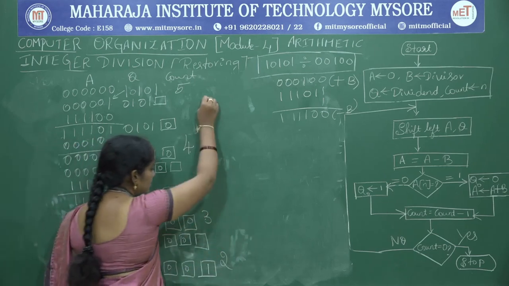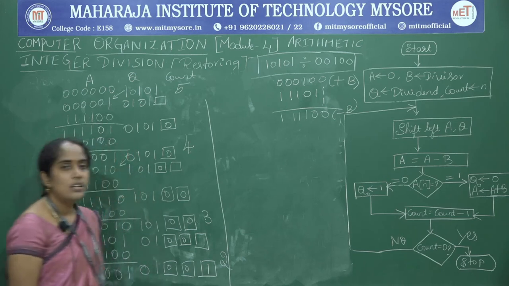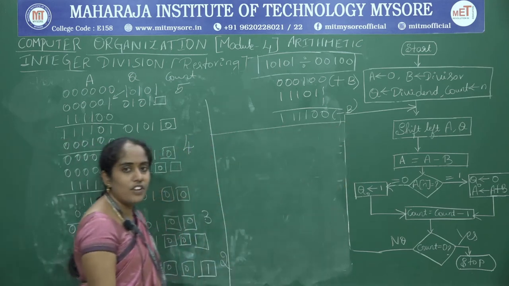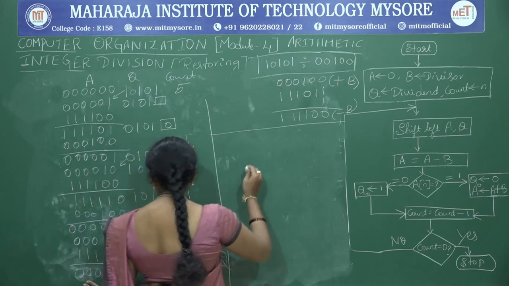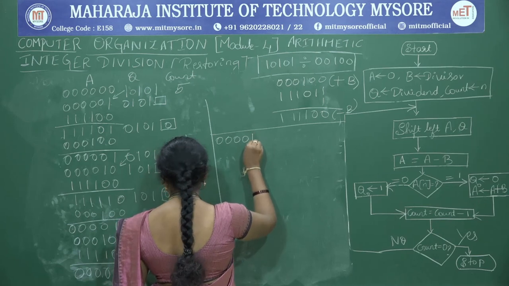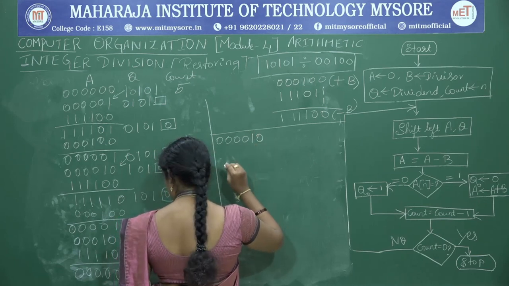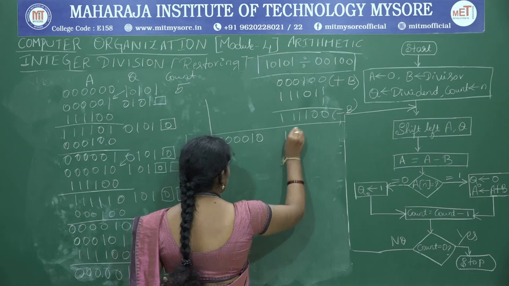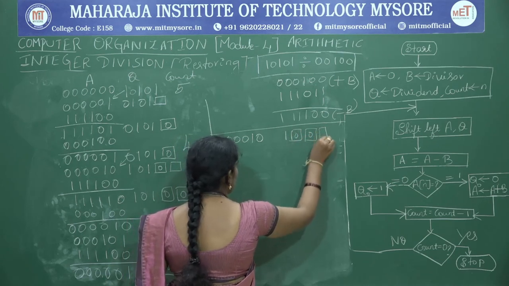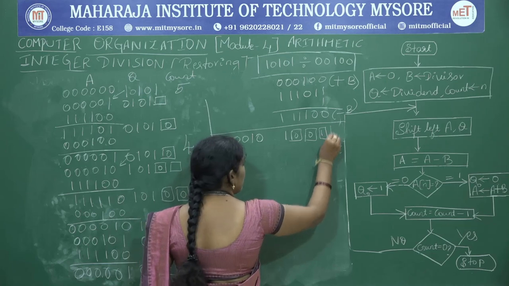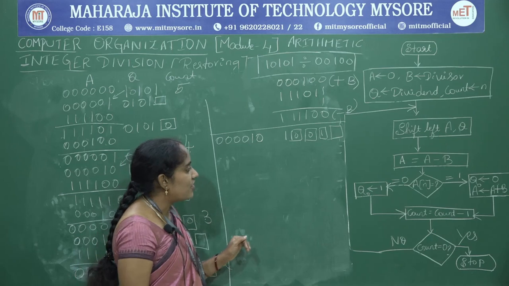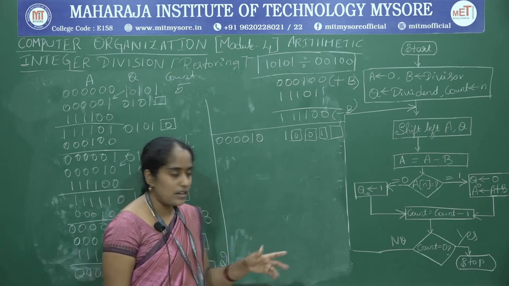So the next is, again go back to step 3, shift left, right? Okay, shift left. So after that A is equal to A minus B.